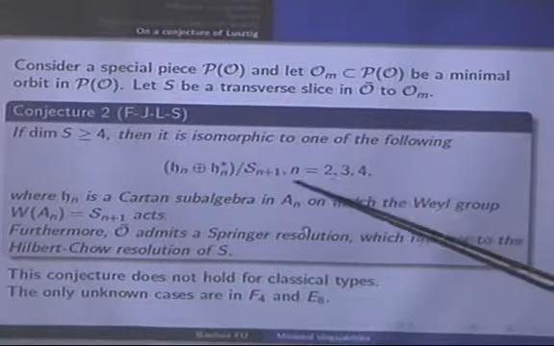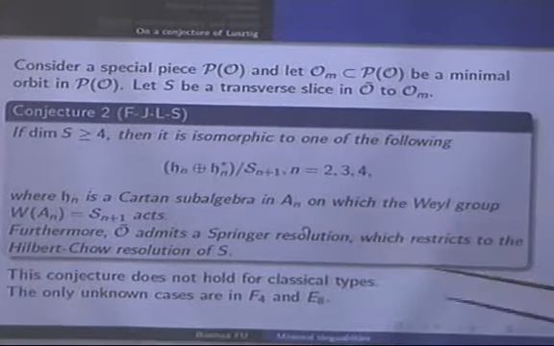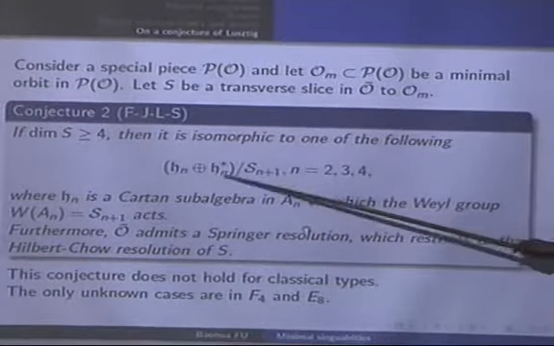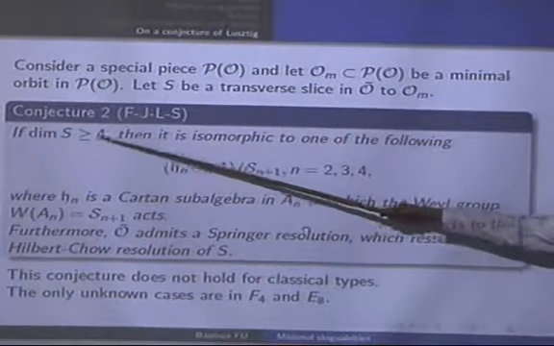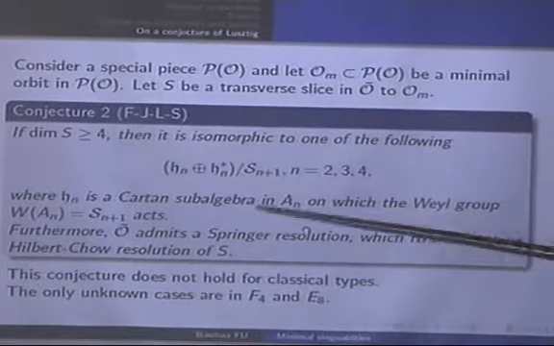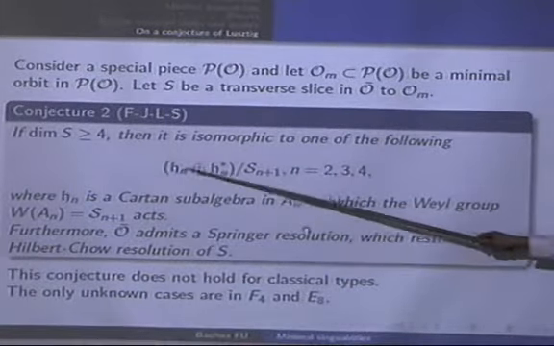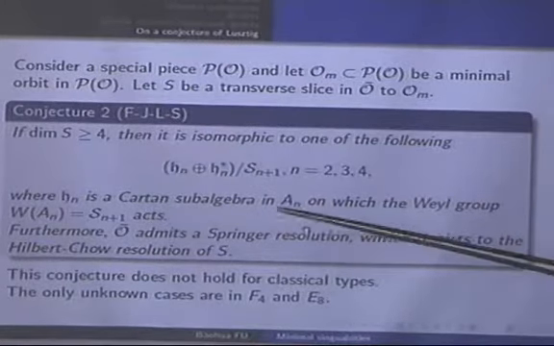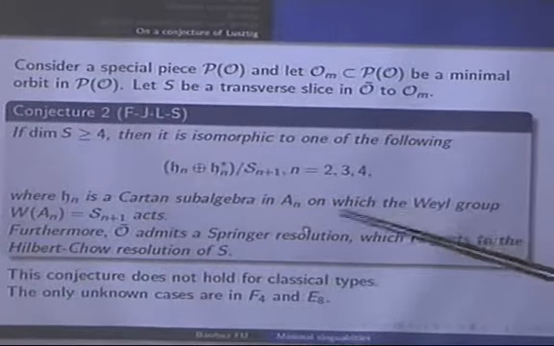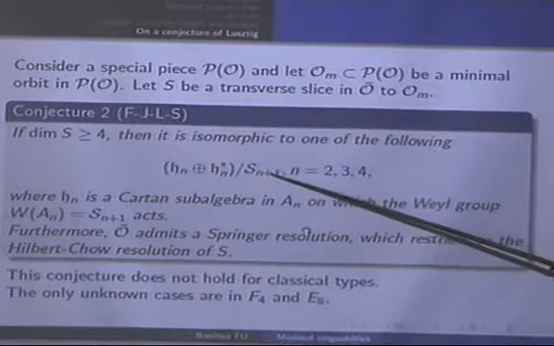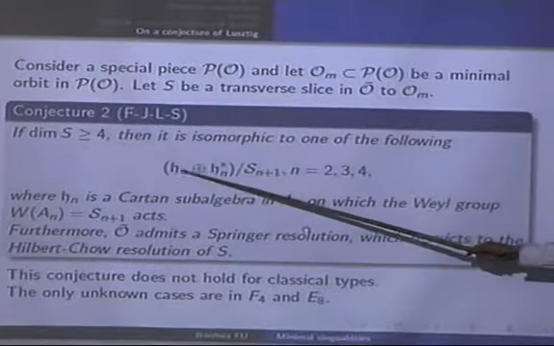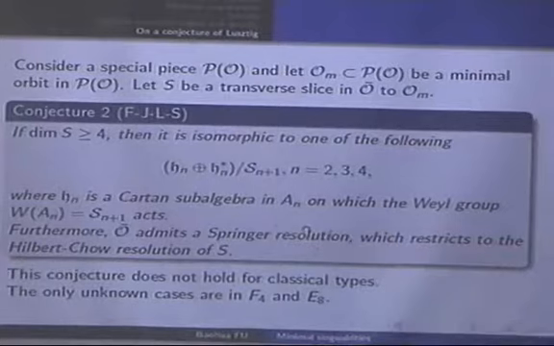There's no other one. So this is uniquely determined by the dimension of S. Here H_n is just a Cartan subalgebra, and S_n is the symmetric group which acts on it by the Weyl group action.